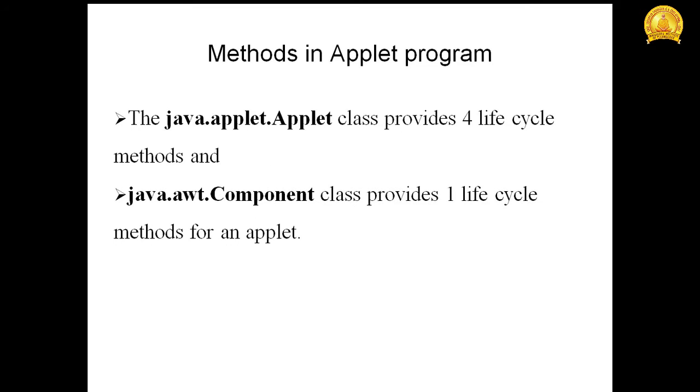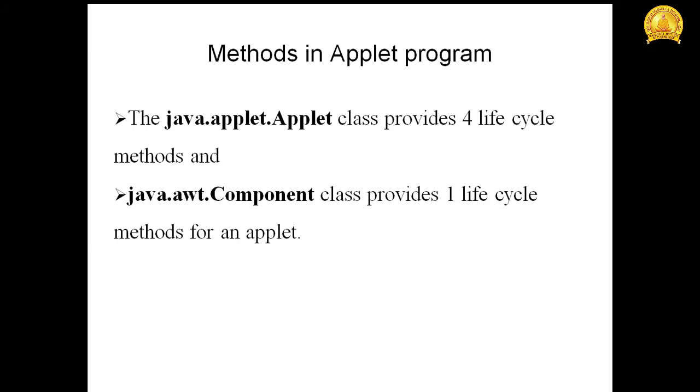The methods that are used in the life cycle of an applet. There are 5 methods that are used in the life cycle of an applet, and these 5 methods belong to 2 different classes. The 2 different classes are the applet class and the component class. The applet class contains 4 lifecycle methods.